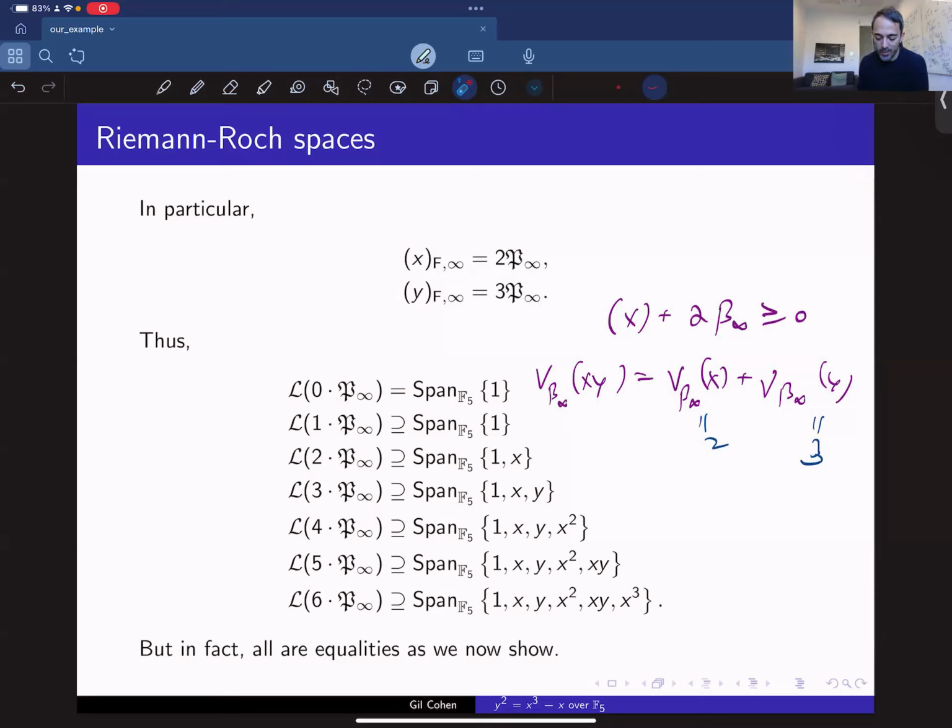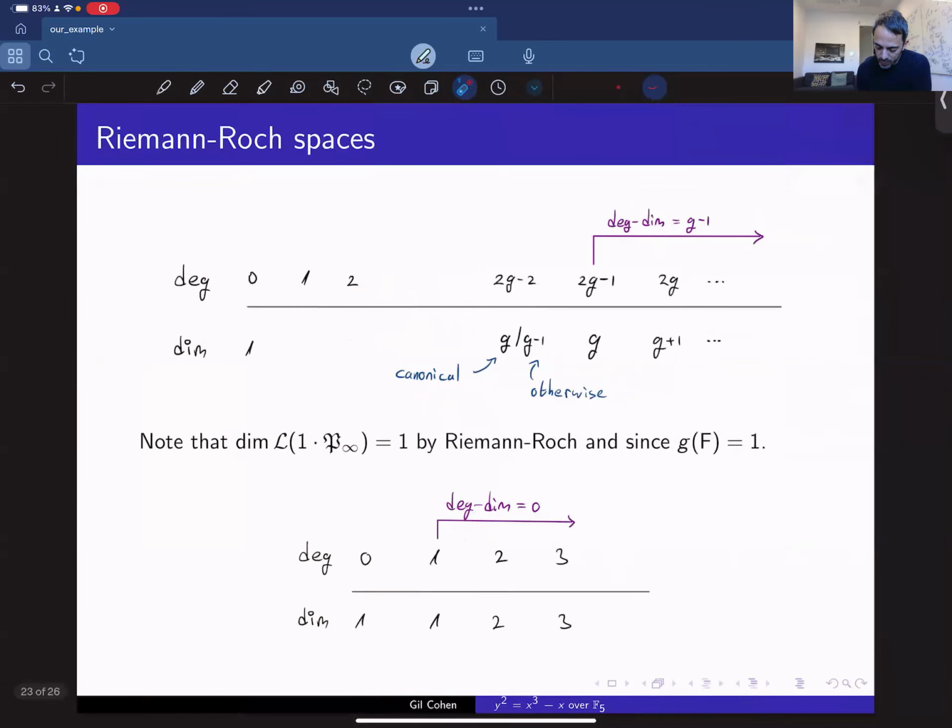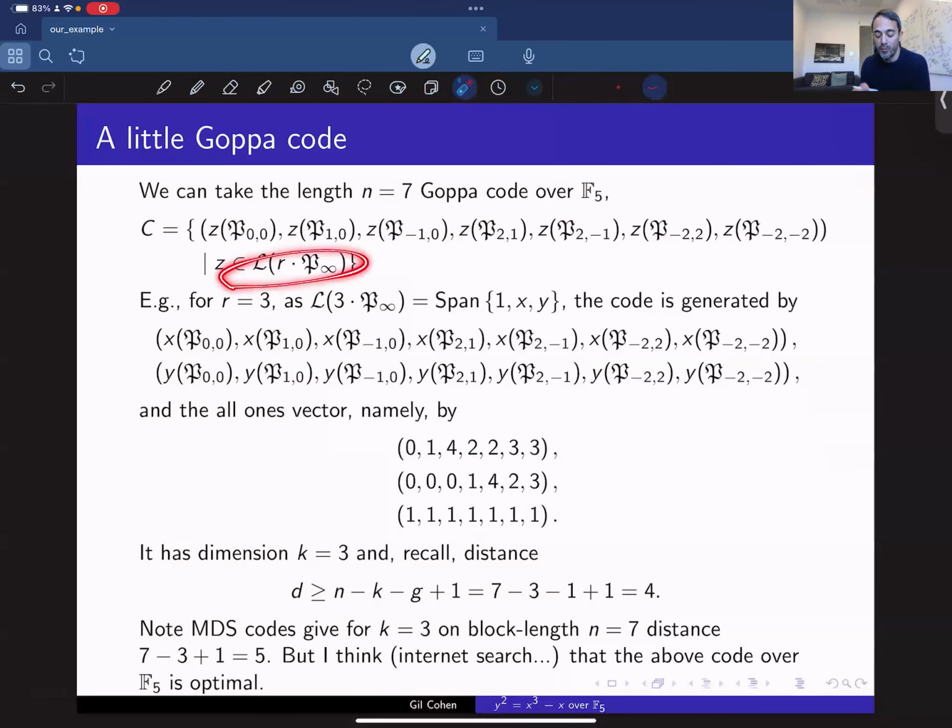You don't have a degree 1 polynomial, because if you take a polynomial in x and y, the degree will be at least one of those, like a triangle inequality. But anyhow, you can think of this as polynomials in x and y, where the degrees are weighted with 2 and 3 correspondingly.